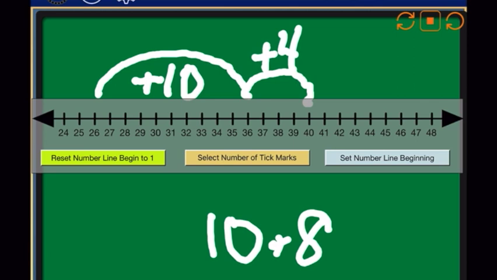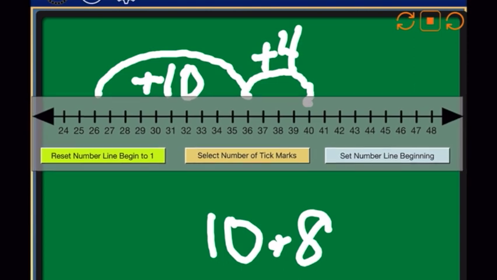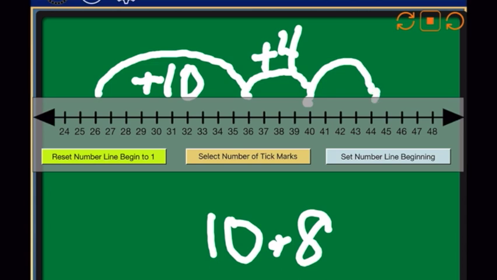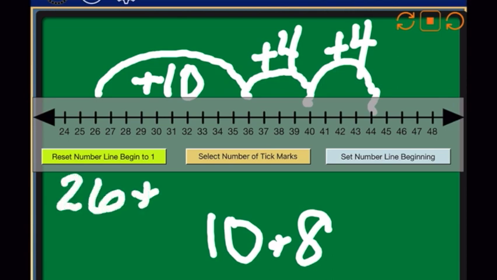And then I only have 1 jump of 4 left because 4 plus 4 is 8. And I know 40 plus 4 would get me to 44. So then I know my answer for 26 plus 18 equals 44.